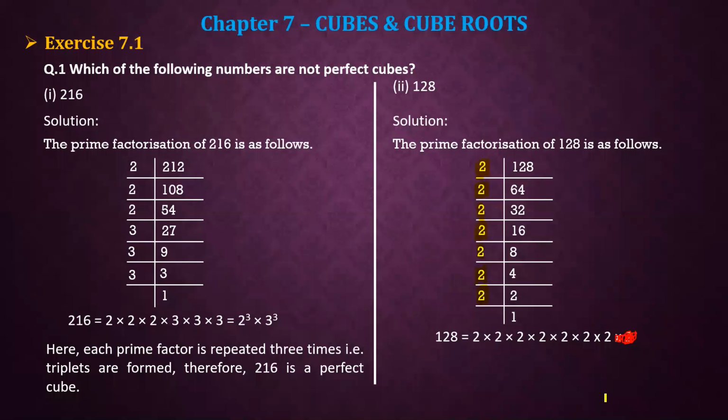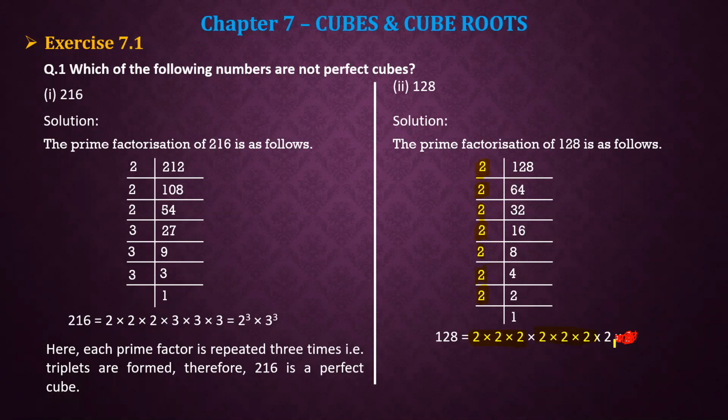And if we take the triplets, triplet means each prime factor should be repeated 3 times. So if we consider the first triplet, it is 2 into 2 into 2. Then the next triplet is 2 into 2 into 2, that is the second triplet.